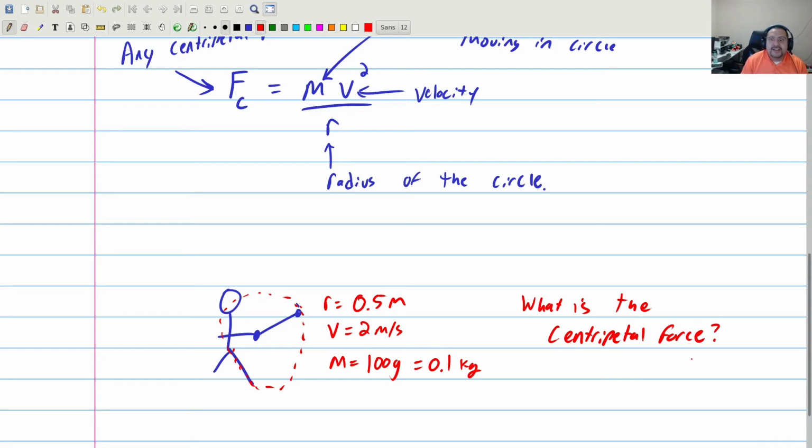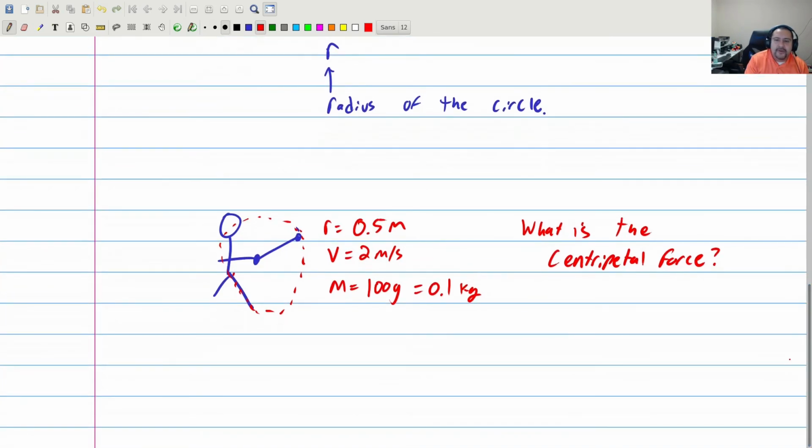Well, in order to find that centripetal force, what am I going to do? I'm going to use the centripetal force formula. So Fc is equal to mv squared over r. That's equal to 0.1 kilograms times v, which is 2 meters per second, squared, divided by a radius of 0.5 meters.